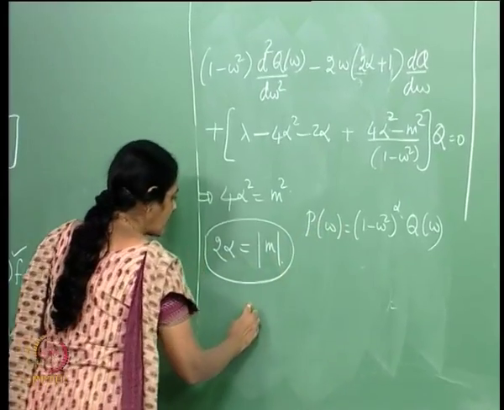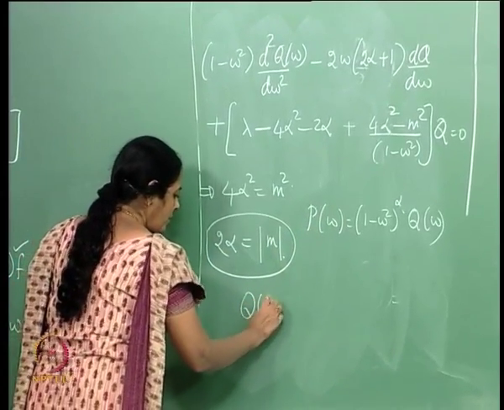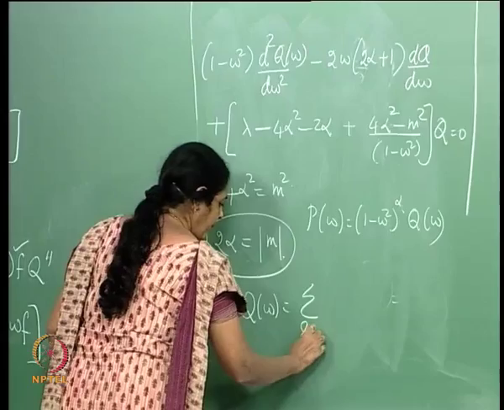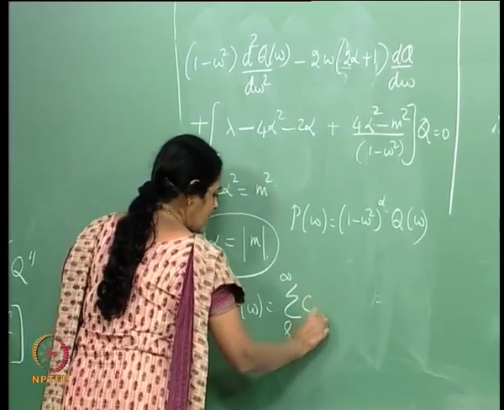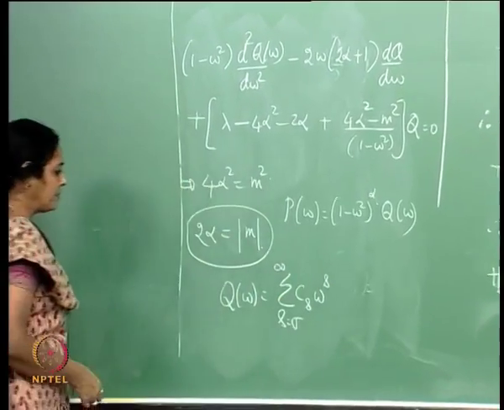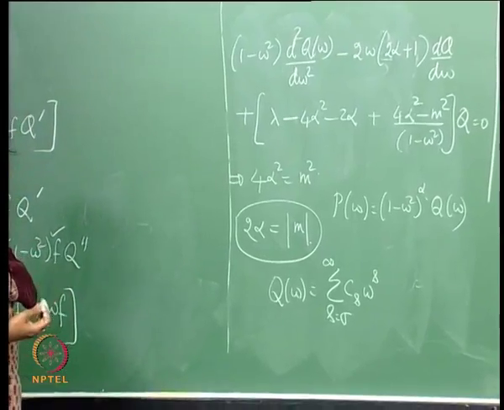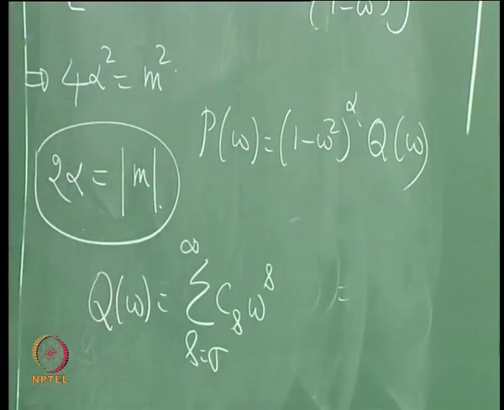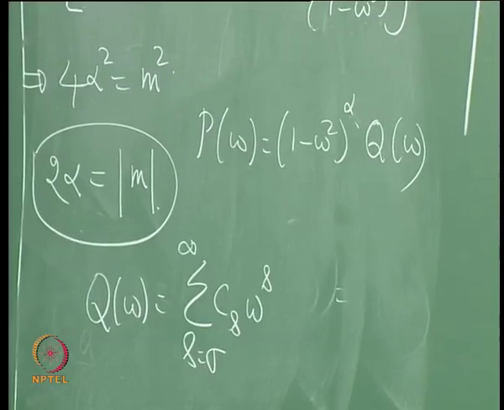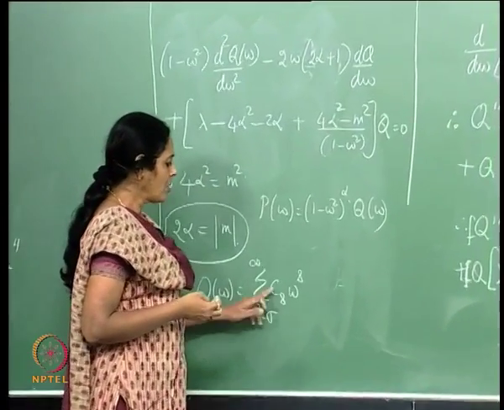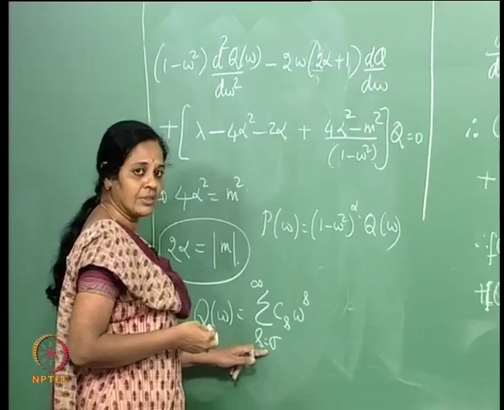So here too we will now assume a series solution, sum from s equals sigma to infinity of C_s w to the s, where C sub s are the coefficients. As in the case of the harmonic oscillator, we have to find out what are the coefficients that survive.